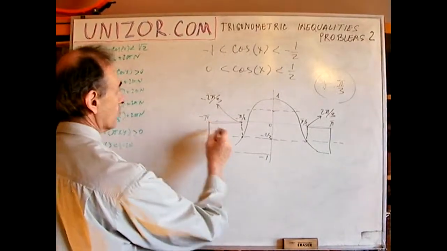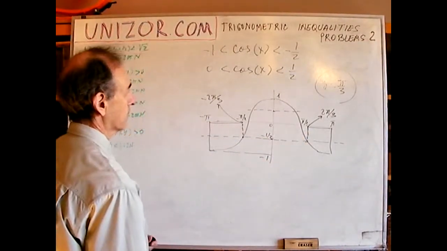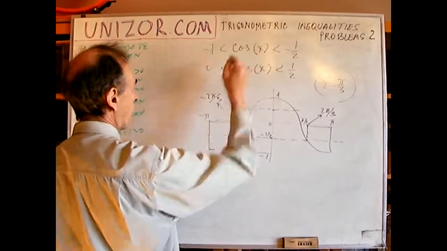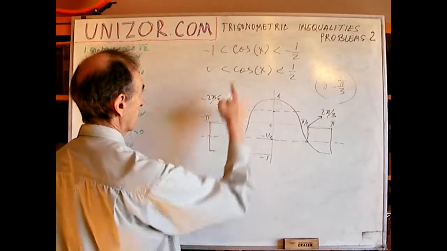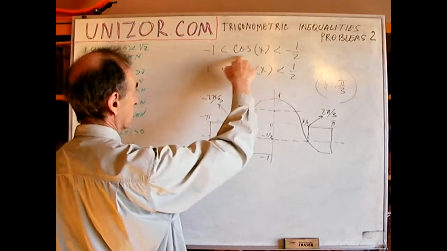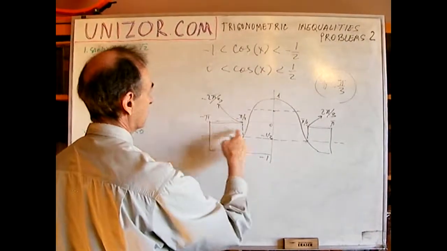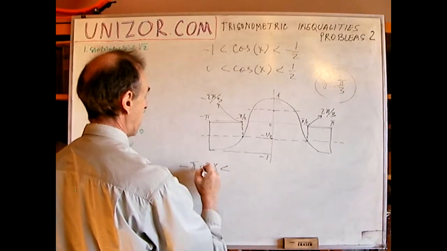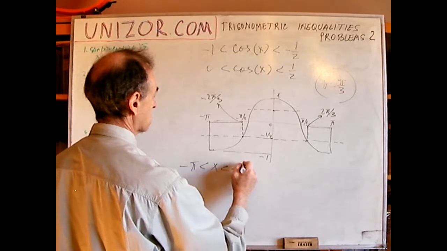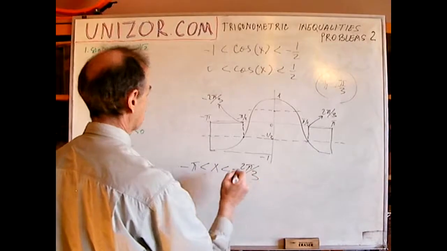And these are obviously minus pi and minus pi. So the solution to the first one is to make cosine from minus 1 to minus 1/2, we have to make x from minus pi to minus 2 pi over 3.